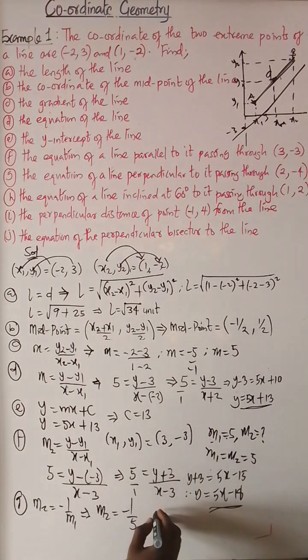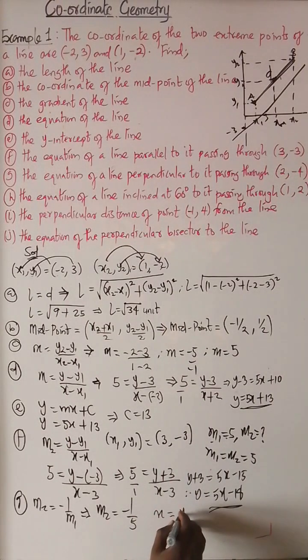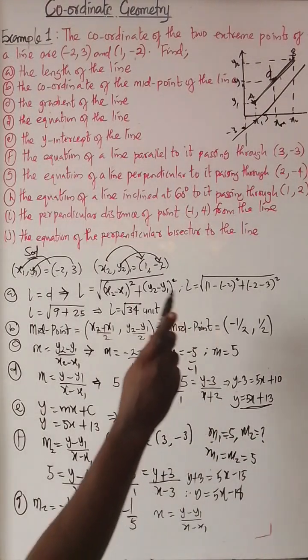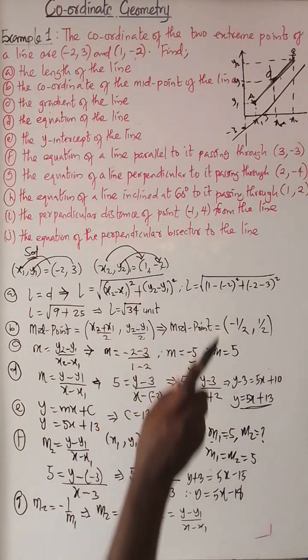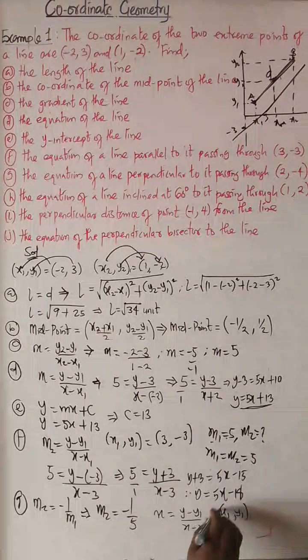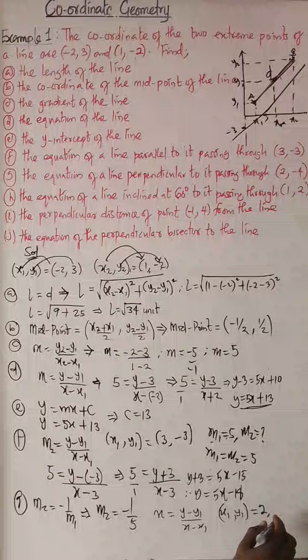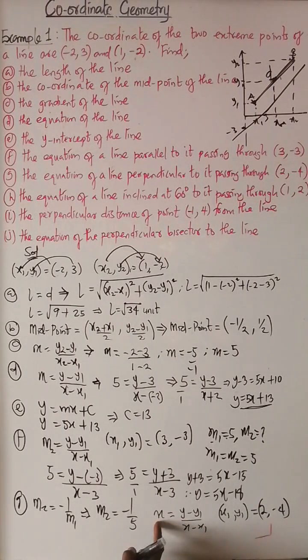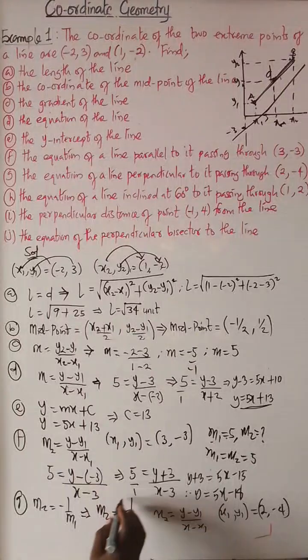Then we use this same formula to get the equation. We recall that the gradient of the line, m, equals y minus y1 over x minus x1. And here, we are told that it passes through the point 2, negative 4. So it means x1, y1 is 2, negative 4. Then let's input. What is our m? We are using this M2, which is minus 1 over 5.